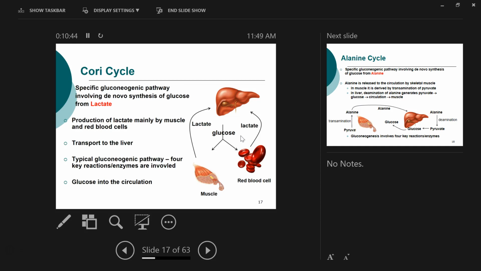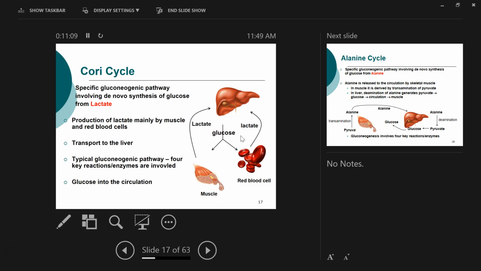Now I'm going to mention the two very important cycles for gluconeogenesis. One is called the Cori cycle, a specific gluconeogenic pathway that involves the synthesis of glucose from lactate.